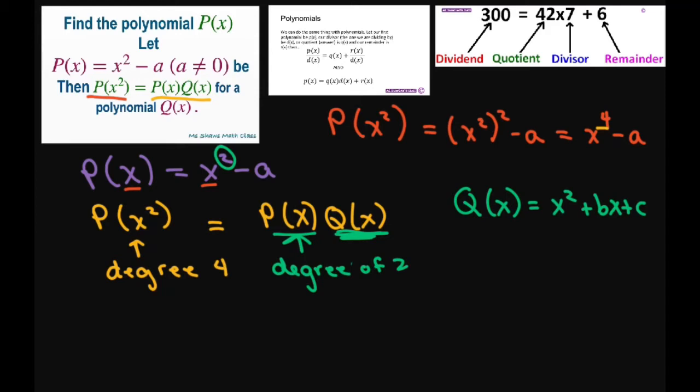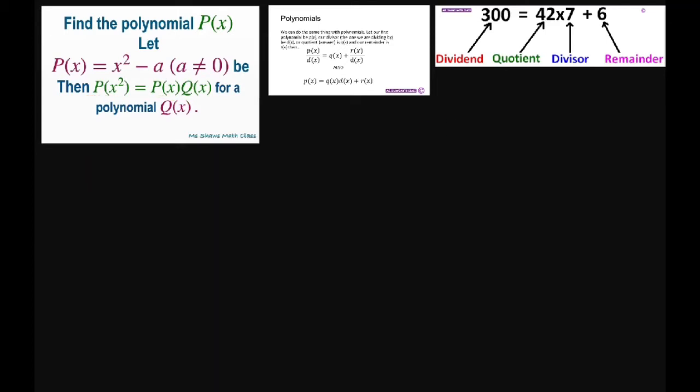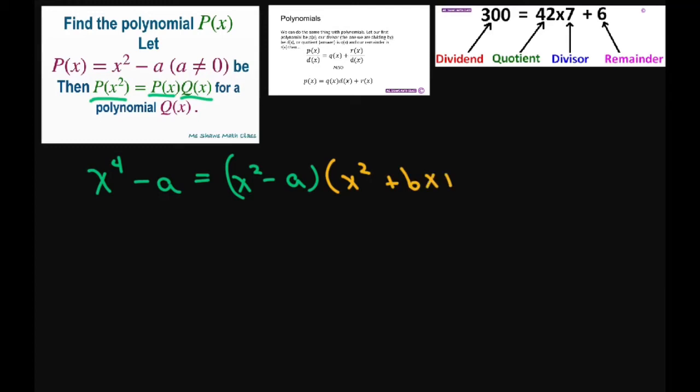All right, so that's that part. When you multiply these two, we'll get that. So let's set this up. We're going to have x to the power of 4 minus a, which is our p of x squared, equals p of x, which is x squared minus a, and then our q of x, which we made to be x squared plus bx plus c.